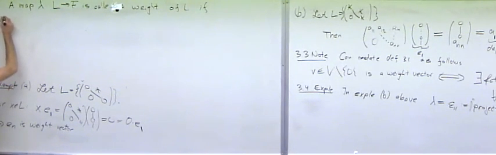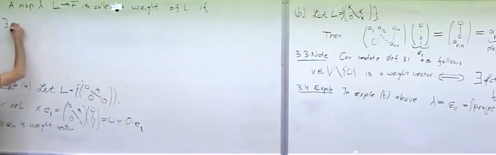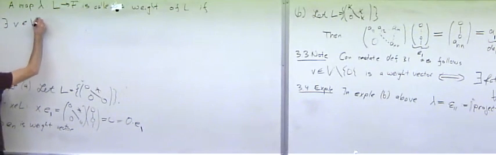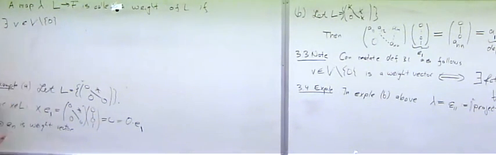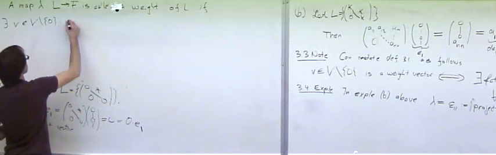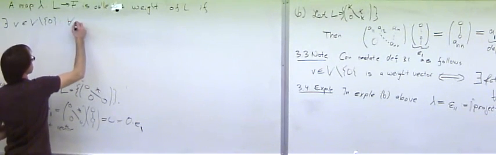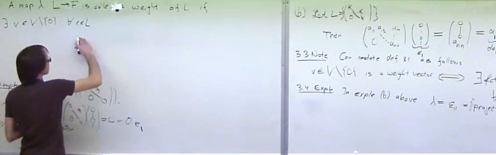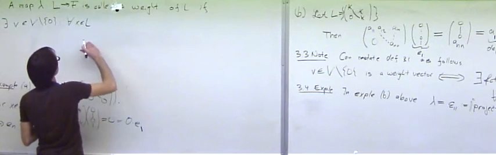So we find a simultaneous eigenvector of L such that lambda gives us the eigenvalues.